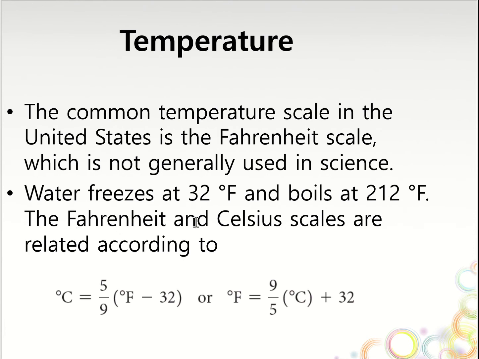The Celsius and Fahrenheit scales are related according to these two equations here. So if you have Celsius and you want to calculate Fahrenheit, or vice versa, you could just plug the values into these two equations.